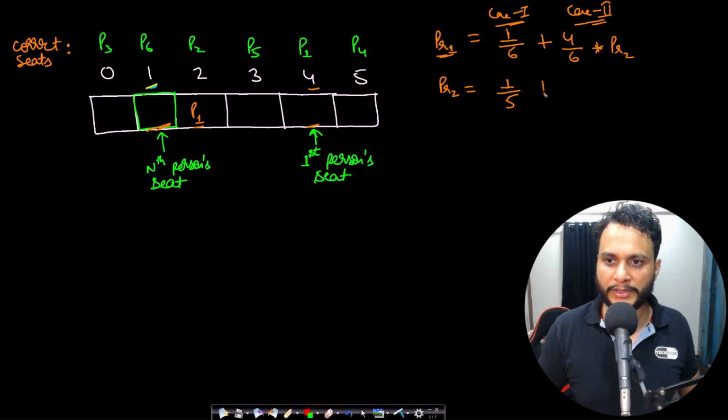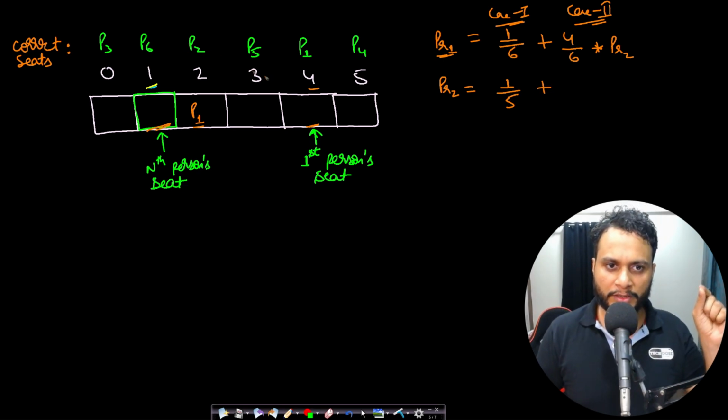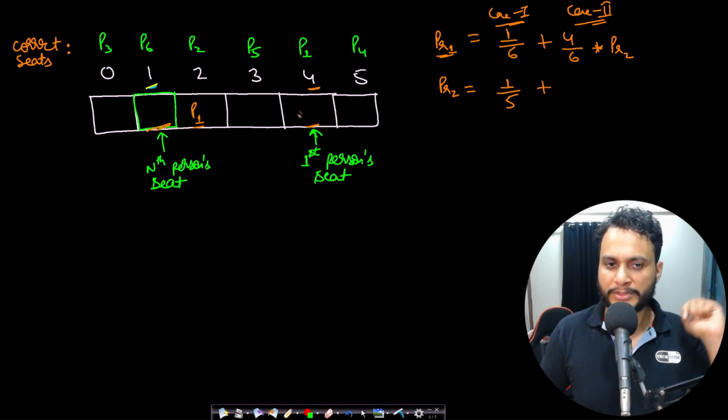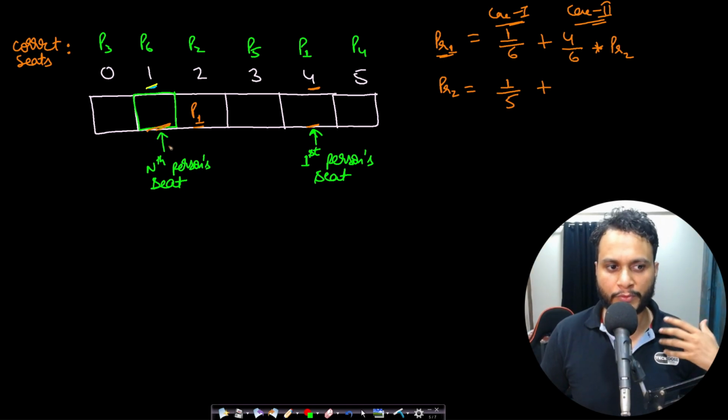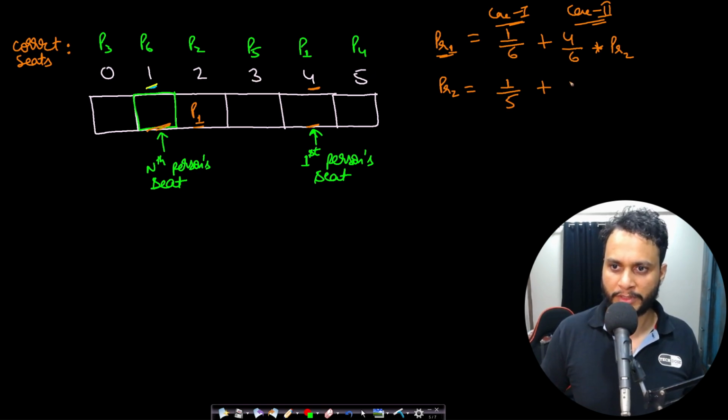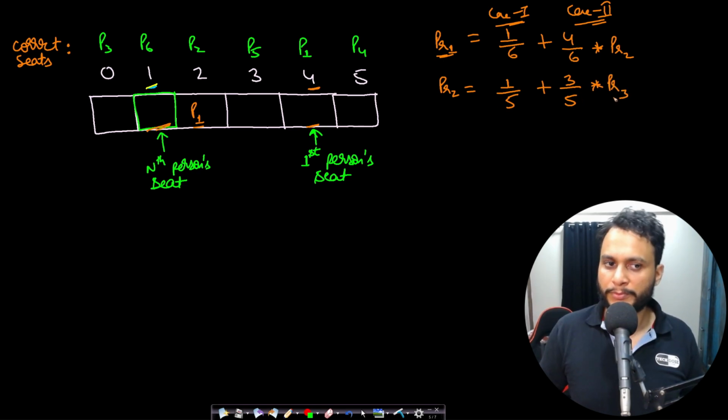So 1 by 5 plus, let's say if P2 does not get P1's seat, that means index number 4, then he can also not take the nth person's seat, because if P2 takes the nth person's seat, then how will the nth person get his seat, right? And what are the available options for P2 now? 0, 3 and 5. So 3 options out of 5 options, because we are not counting index number 2 since it is already occupied. It is not an option. So you need to multiply it with the probability of the third person's assignment.